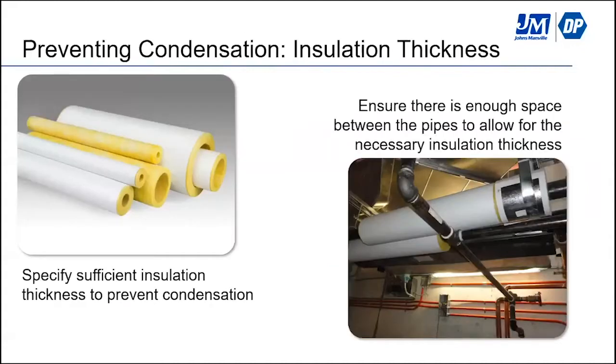Specific to preventing condensation is really understanding what the insulation thickness needs to be for the particular situation to prevent that condensation, or keeping the surface temperature at that insulation above the dew point. So that's the effect the insulation has there. It tends to keep that insulation closer to the ambient temperature, closer to the warm conditions that the ambient air is, rather than allowing that surface temperature to approach the chilled system where it's much more likely to condensate.